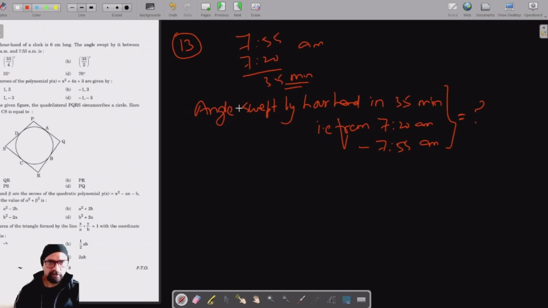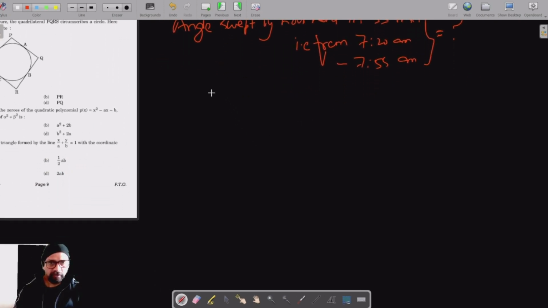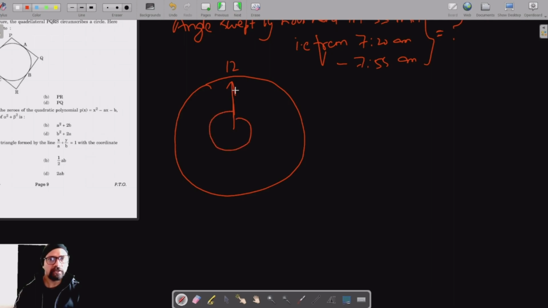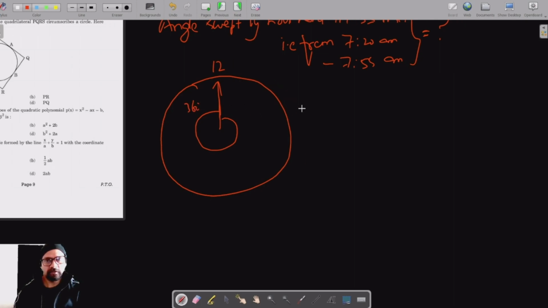Okay, for that we know that an hour hand sweeps an angle of 360 degree in 12 hours. So if it's at 12 at midnight, then till 12 in the noon, it sweeps an angle of 360 degree.